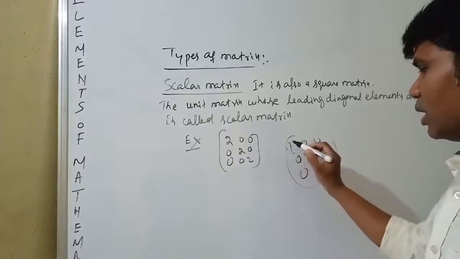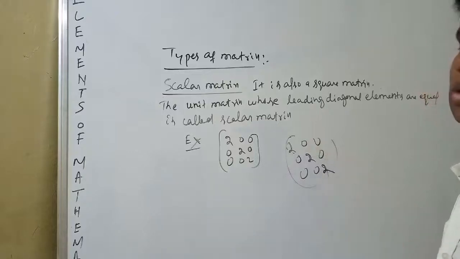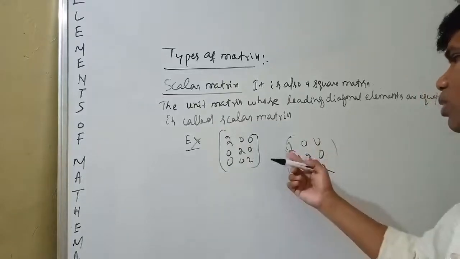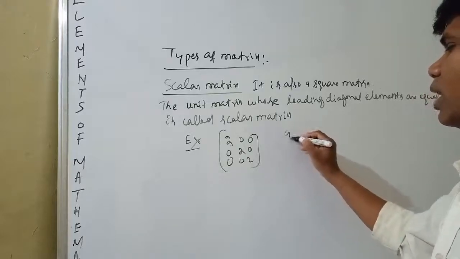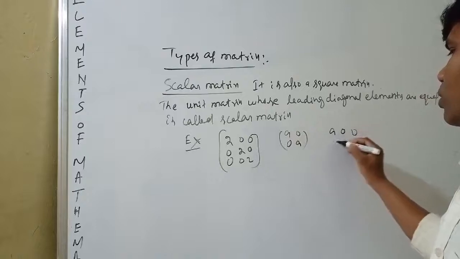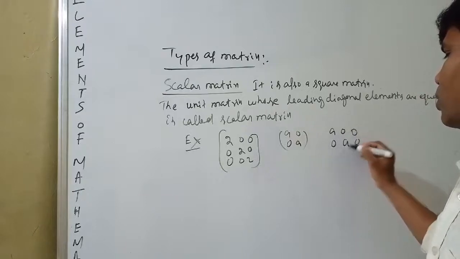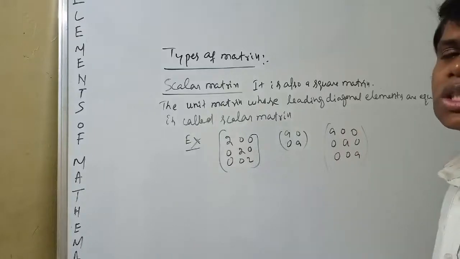These are equal, but the value may be other than 1, that means 2 0 0. We can also write a 0 0, 0 a 0, 0 0 a. These are scalar matrices.